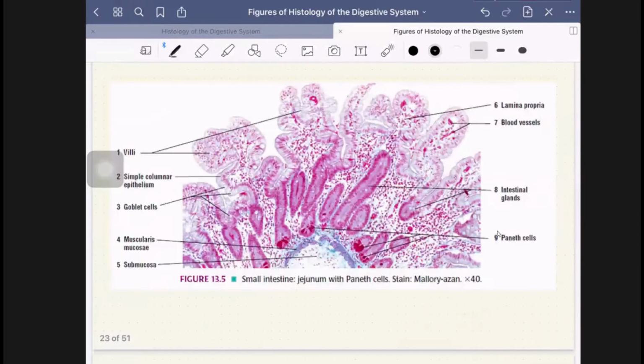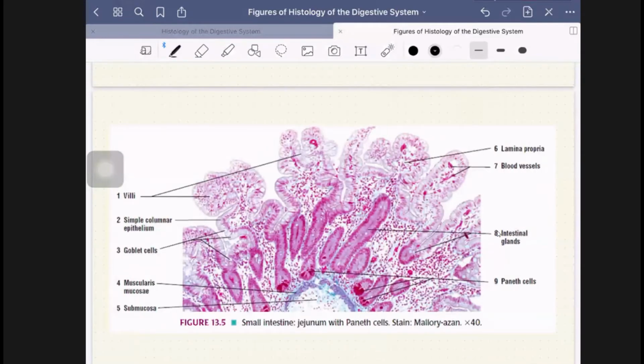Now in the jejunum, in the submucous layer, there are no Brunner's glands, but in the submucous layer there will be some lymphatic nodules. The lining epithelium is the same, simple columnar epithelium. There will be the presence of intestinal glands.